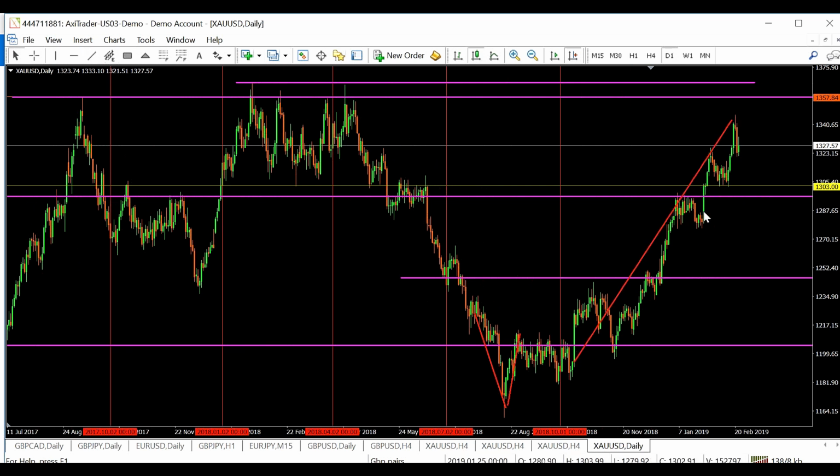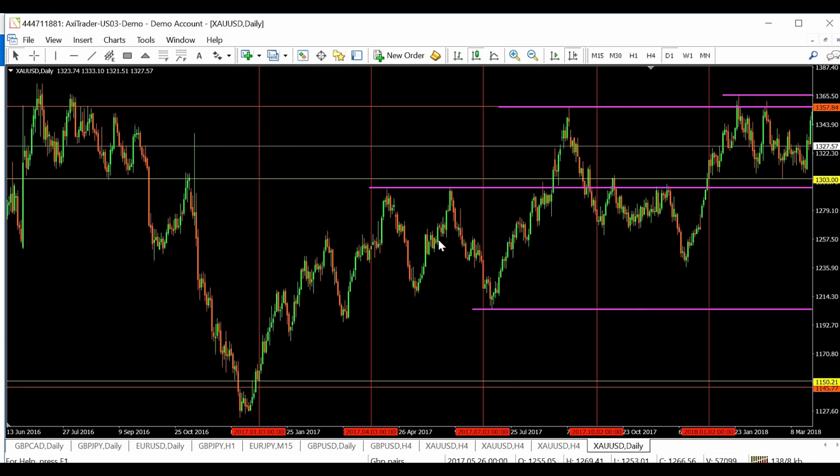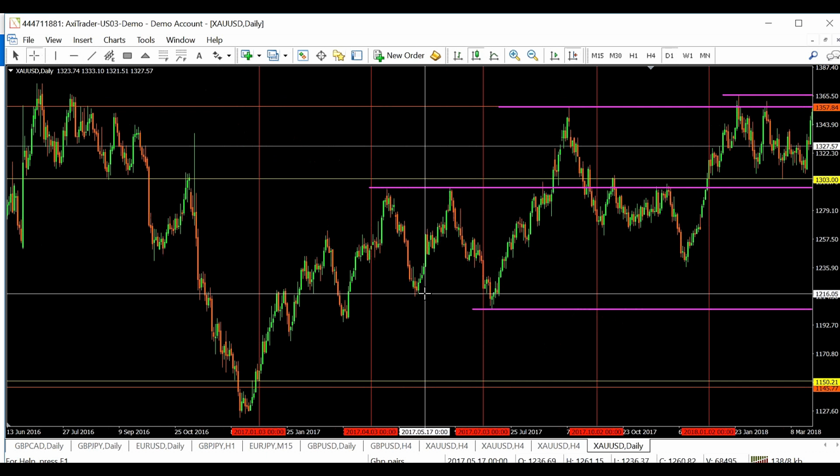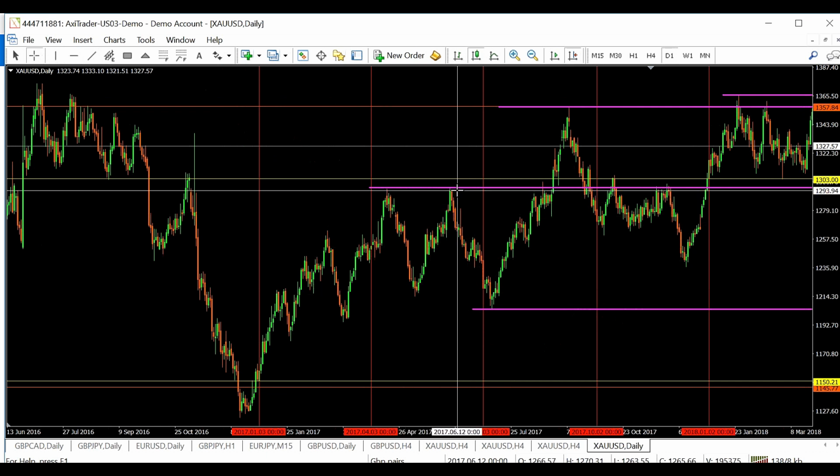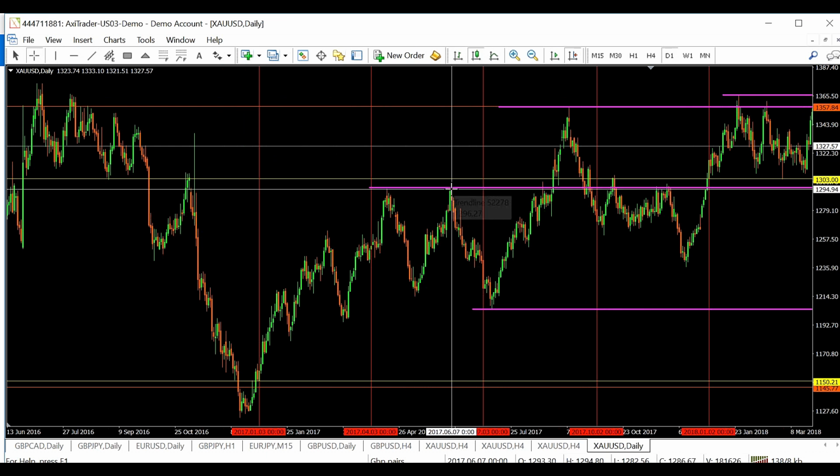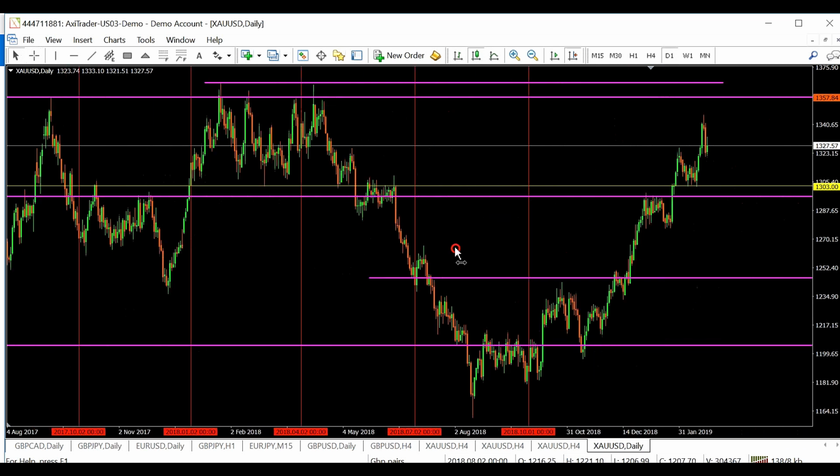You can see in this chart, this is a resistance here. Market went down and again it went up to test the resistance, and exactly from there it came down. Okay, these are all very few examples. If you move on to H4, H1 and 15-minute time frames, you can see these patterns occurring again and again and again.